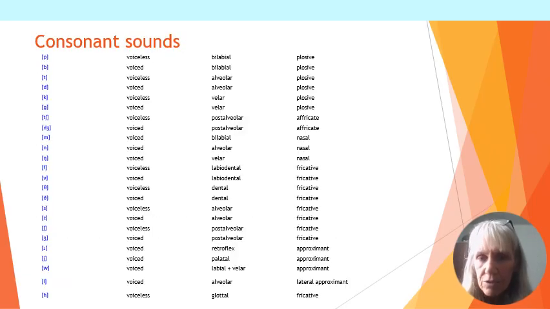So I'm not sure how clear this is for you, but these are a list of the consonant sounds we'll be hearing. And you'll see that the description of them fall in 3 different columns. The first column is telling us whether or not the vocal cords are vibrating. And so if they are vibrating, they're voiced. If they don't vibrate, they're voiceless.